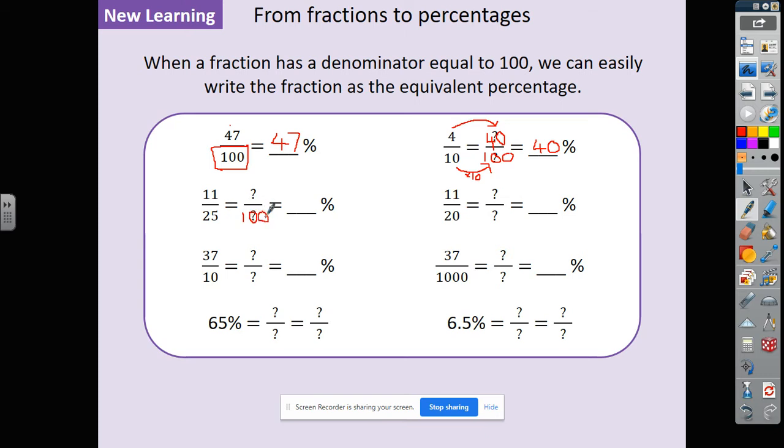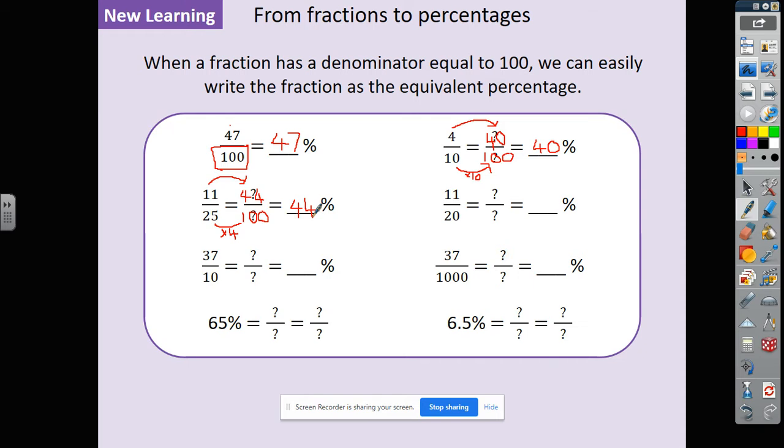Because remember, if my denominator is 100, I can easily write my percent. Hopefully you've spotted that that has just 25 multiplied by 4. So we would need to do the same to my numerator to get our equivalent fraction. So this would be 44. And therefore it's 44 out of 100, so it's 44%.